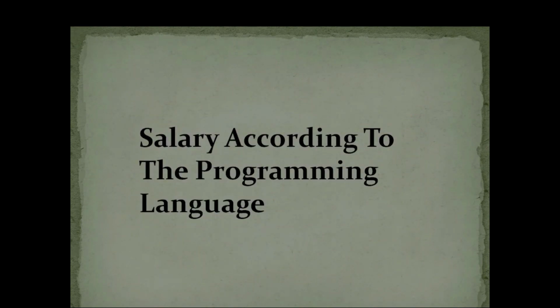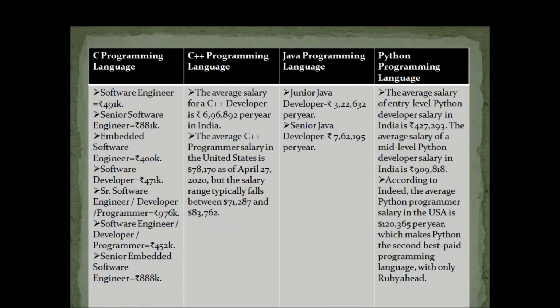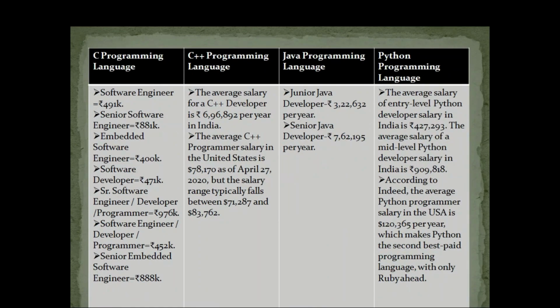Now, next comes the subtopic which is very important for some youngsters: what is the salary according to the programming language. So here is the table which shows the salary of each programming language. This is the salary package, and I think you should not prefer the salary package first.